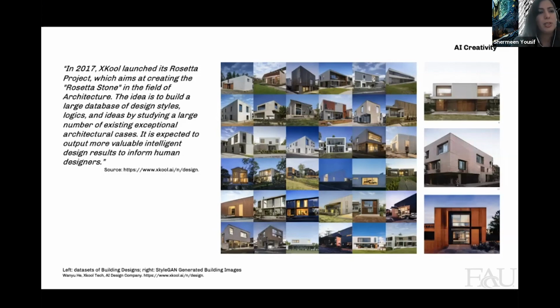In 2017, they launched what they called the Rosetta Project, which is creating a Rosetta Stone in the field of architecture. And the idea is to build a large database of design styles, logics, and ideas by studying a large number of existing exceptional architectural cases and to output more valuable intelligent design results to inform human designers.